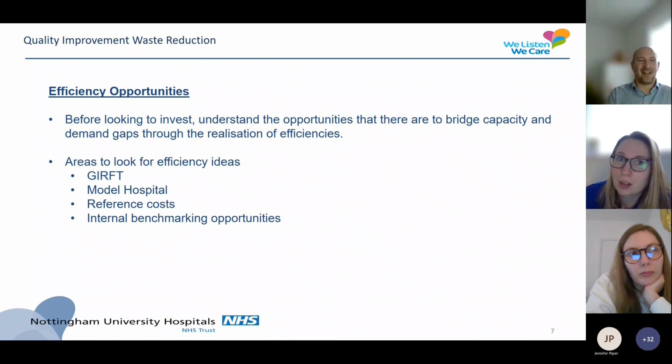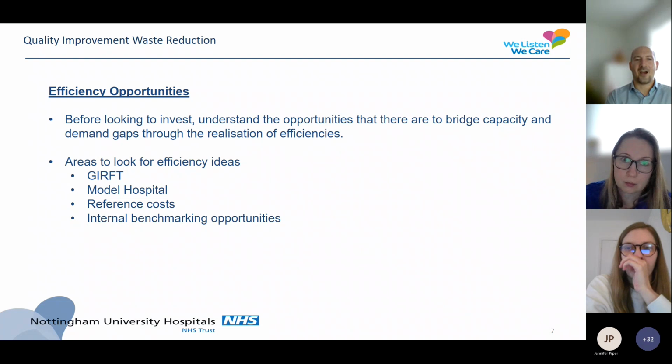So that's why I say there are limitations, but it's a good indicator to see where you lie against the national average. The other thing I would recommend is we collect reference costs for all areas within the trust. If you go to your finance team, they will be able to tell you how you benchmark against the national average compared with peers.